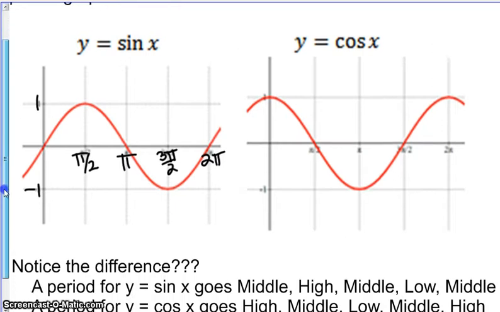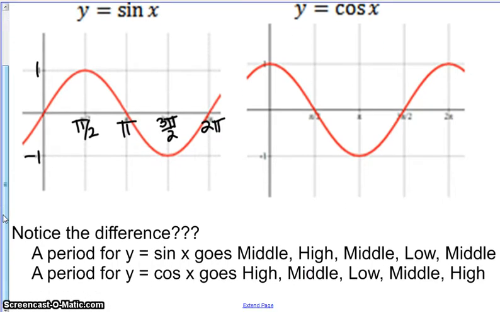One big difference we should notice between our parent graphs is how they start on the y-axis, or when x is 0. Sine starts at the origin, whereas cosine x starts at (0, 1). When we graph one period or one cycle for sine x, we're going to graph middle, high, middle, low, middle.